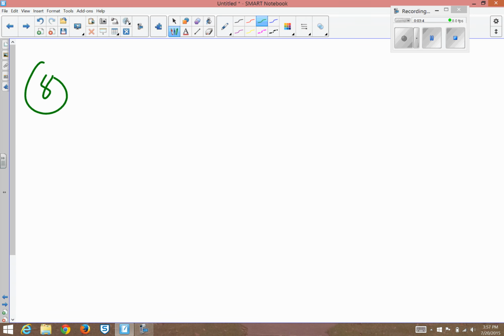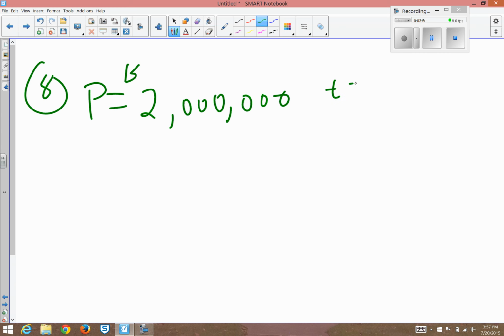Number 8, this is given: P equals $2 million, T equals 20 years, k equals 9%.